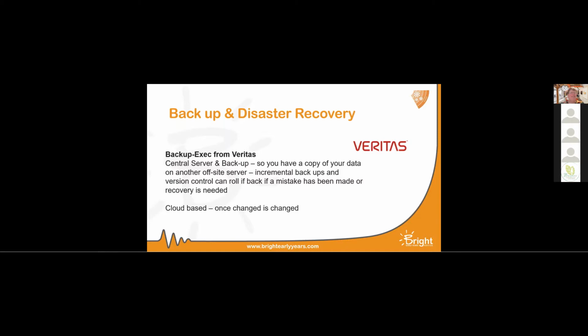But the one way to do it is to have a central server and a backup. So you have a copy of your data on another offsite server, and you do incremental backups and version control, so you can roll back if a mistake's been made, or you need to do a recovery, or somebody's deleted everything completely, or anything like that. And actually we can roll back years now.